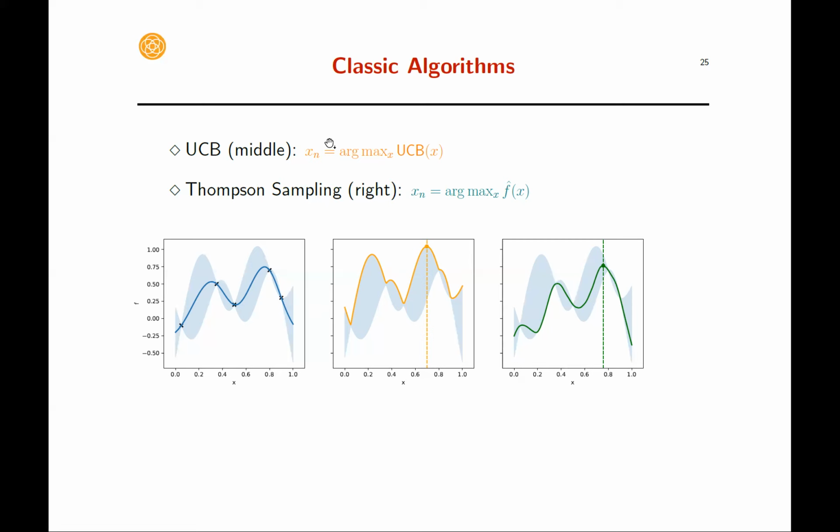So the justification or reasoning that there is in the literature to motivate this approach is that selecting a point from F or observing F is much more costly than selecting a point or observing the UCB.